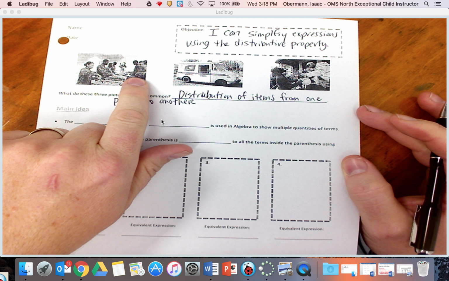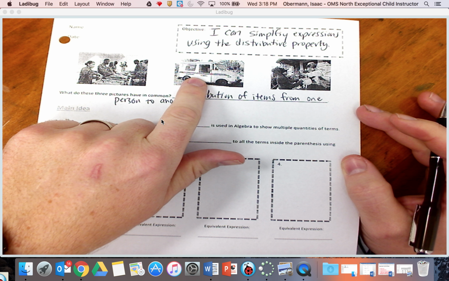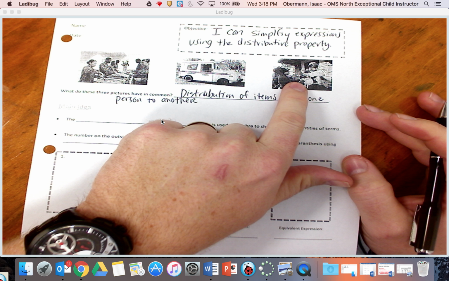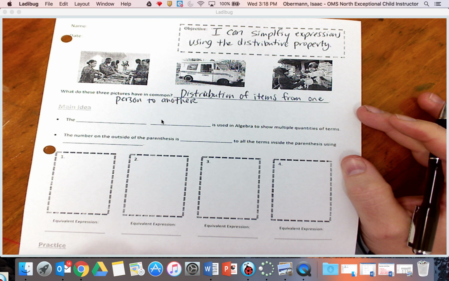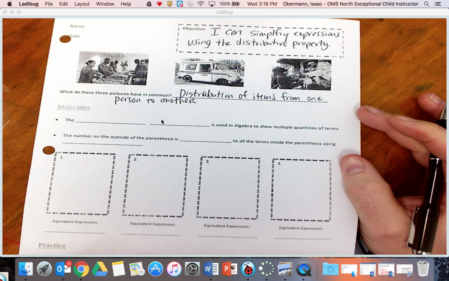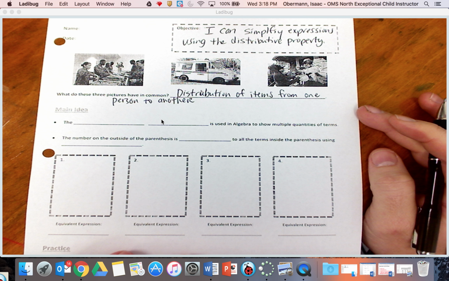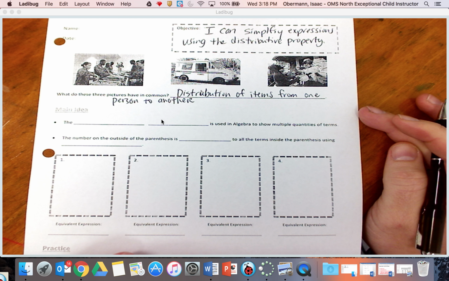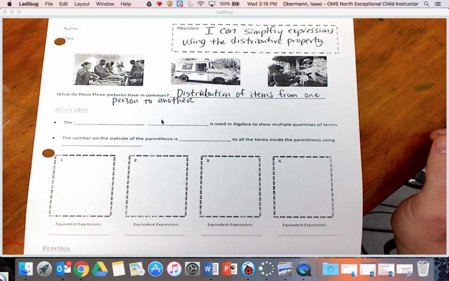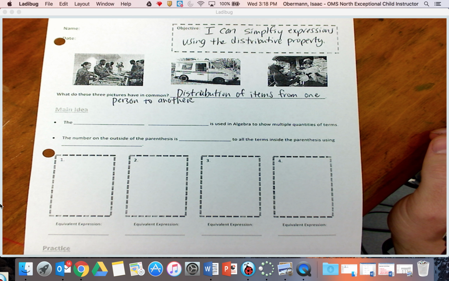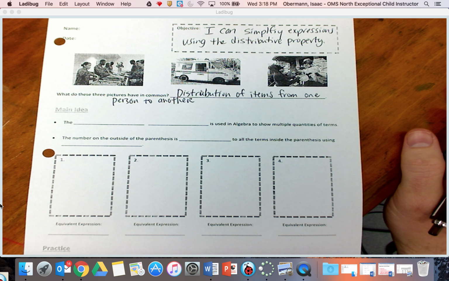The person right here with their plate out, your house that receives the mail or the package, or this young man receiving this piece of candy from trick or treating. So that's basically what's going to happen. And we use the mathematical operation of multiplication to be able to do this. And this allows us to simplify expressions even better so that we can get a better understanding.